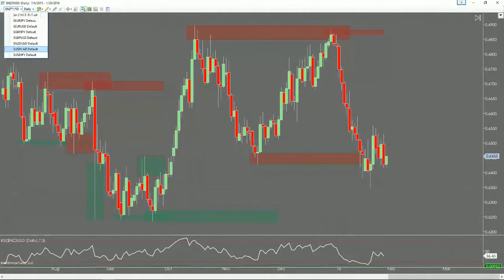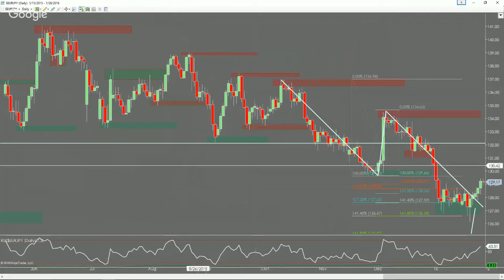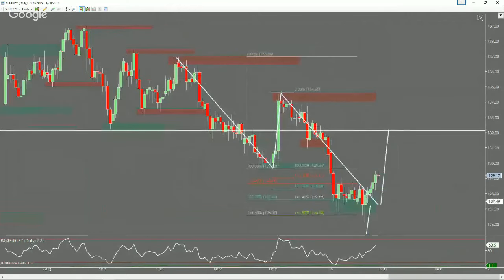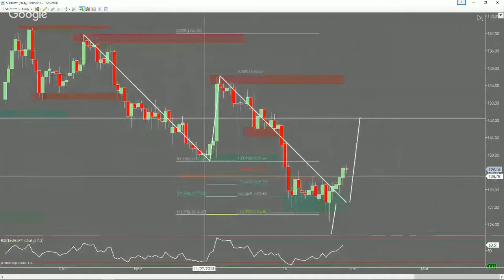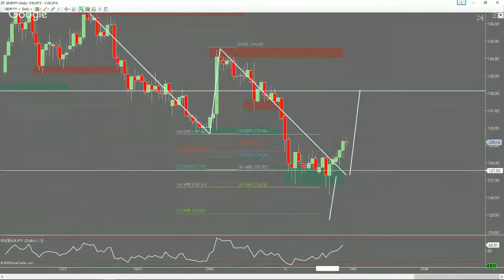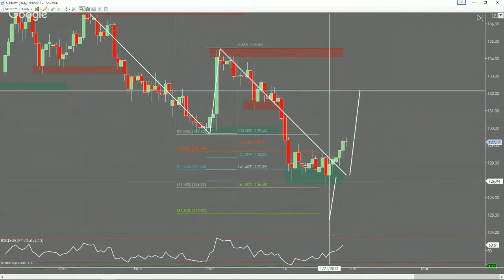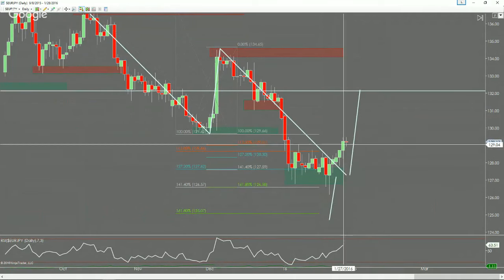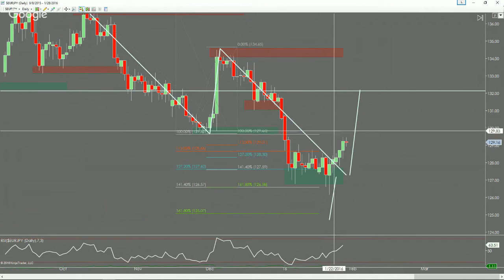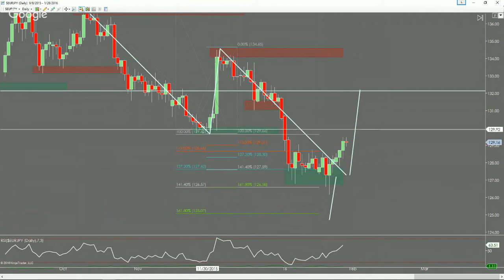Let's go to, where are we at? We are at Euro Yen. This is the thing we were talking about yesterday, that we did get that retest of that structure level, and now it's continuing to go back up. The first place where price might stall is around this first level of structure.